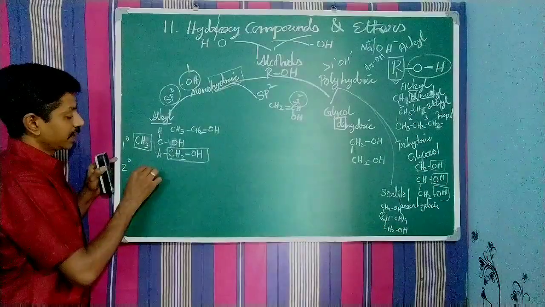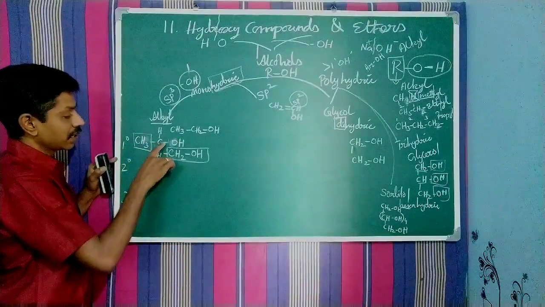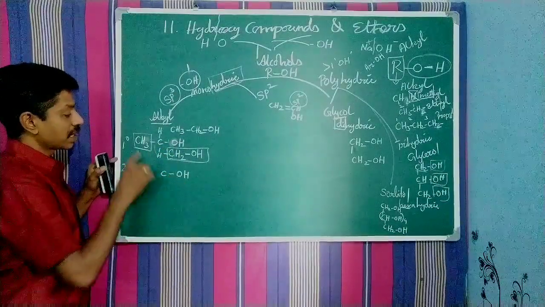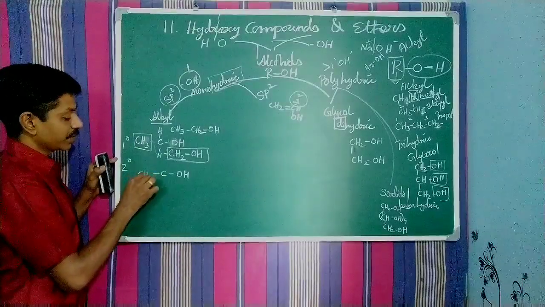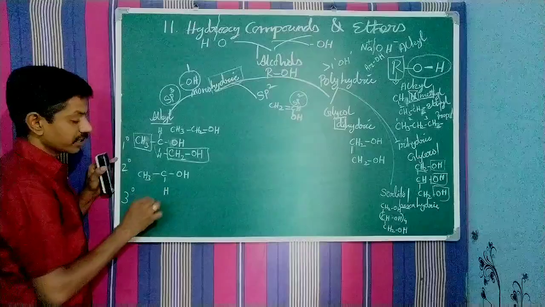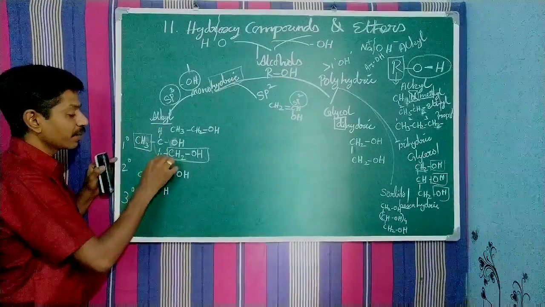And if it is going to be a secondary alcohol, it is the same story. Look at this. On one side the OH group is attached, and on the other side a methyl group is already attached, and here a hydrogen is attached. So in the place of this hydrogen, I go for one more methyl group.